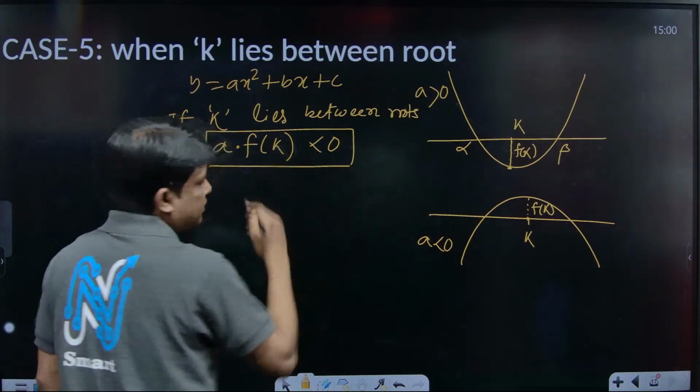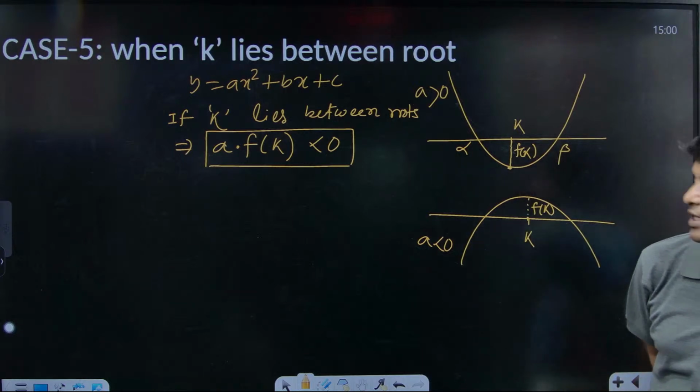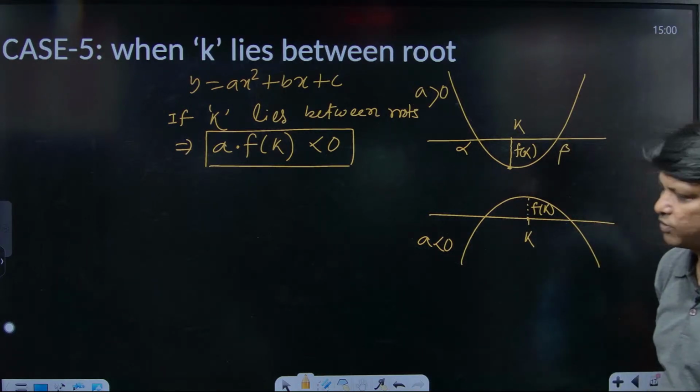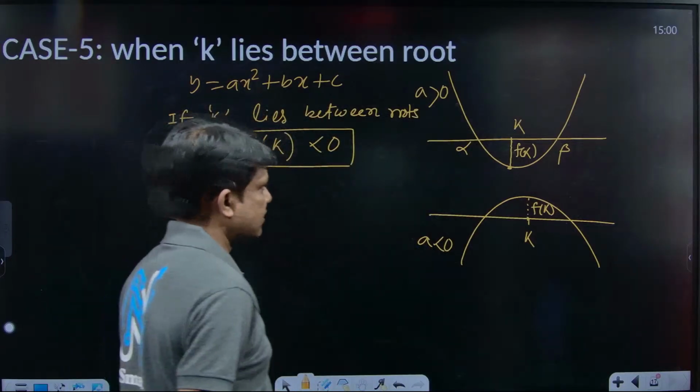That means when k equals 0, one positive root, one negative root, roots are opposite in sign. Only one condition, and distinct roots appear automatically. Okay, clear? Done.